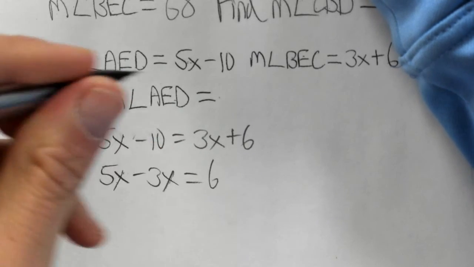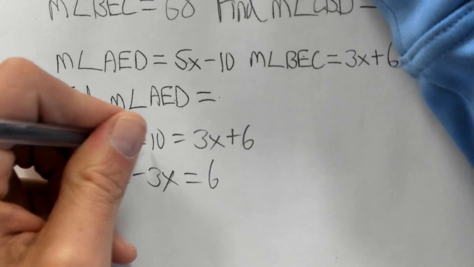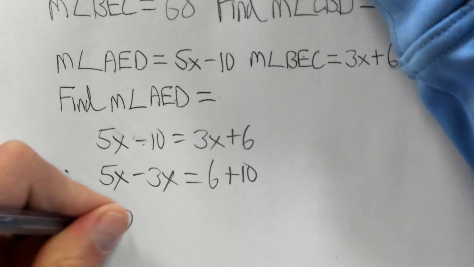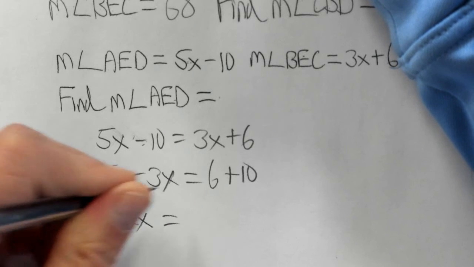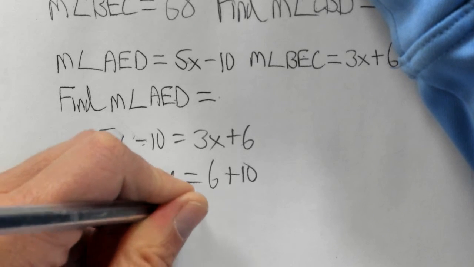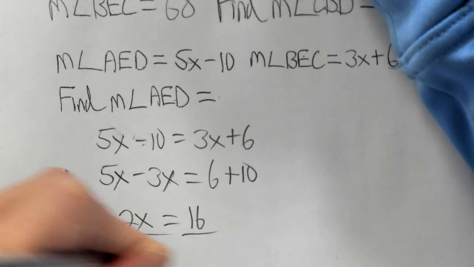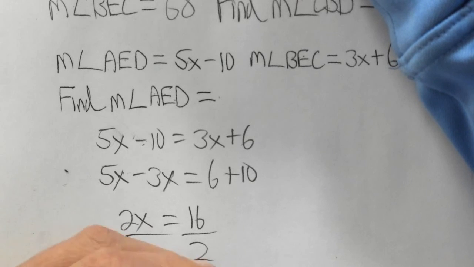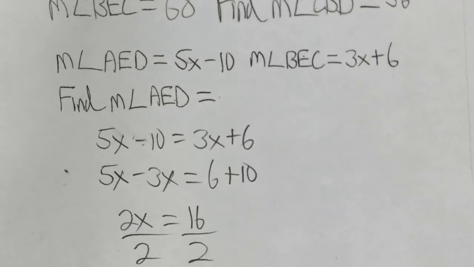The 10 will go across and change sign from minus to plus. And so we've got 2x equals 16, divided by 2. And so now we've got x is equal to 8.